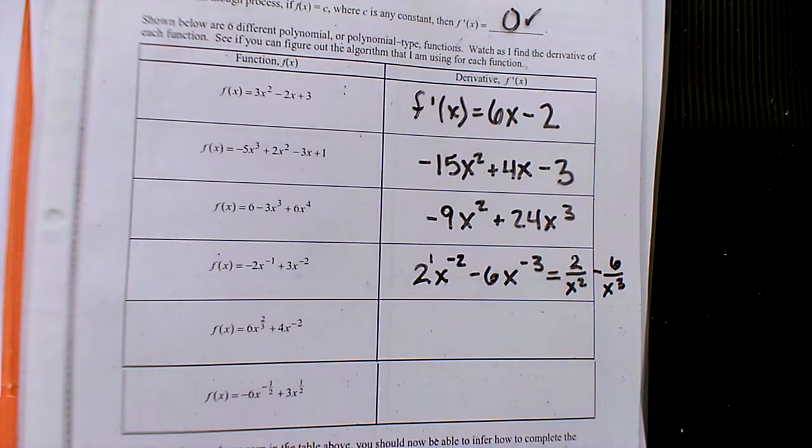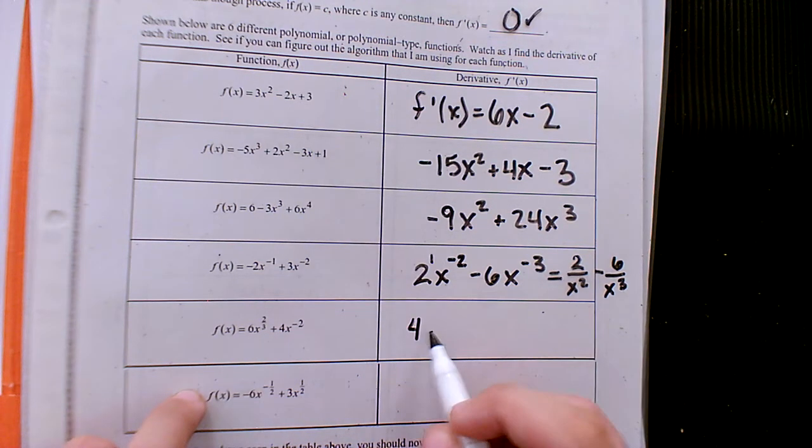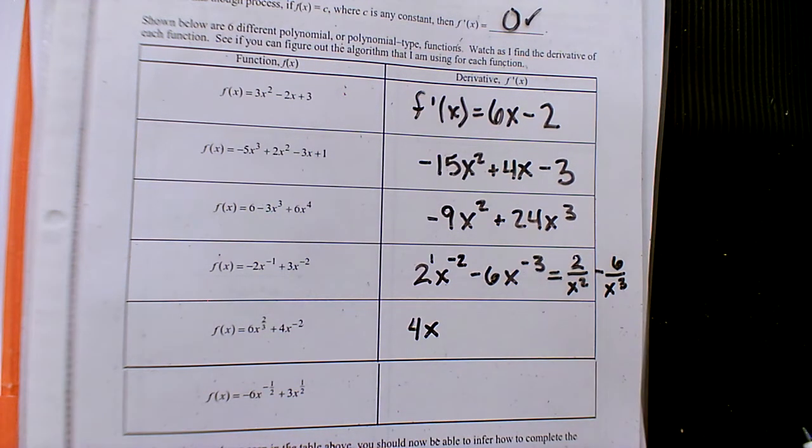Okay, if we look at the next one, notice how we're throwing in a fractional power, but it still works the same way. So we need power times coefficient. That'd be 12 over 3, which would be 4. And then if we have to drop the power by 1, what's our new power?